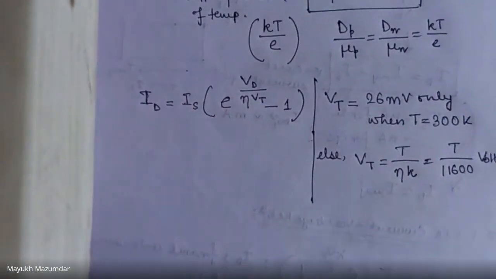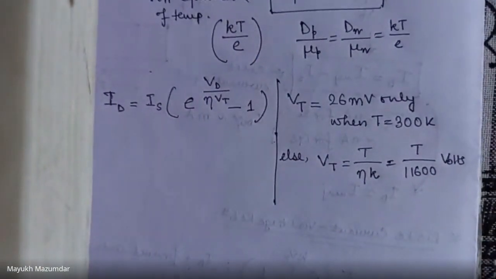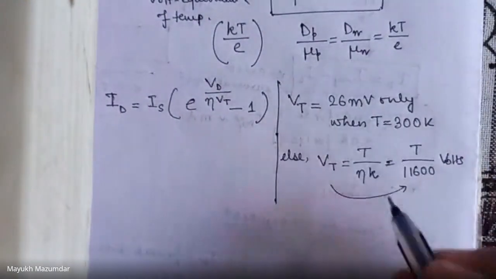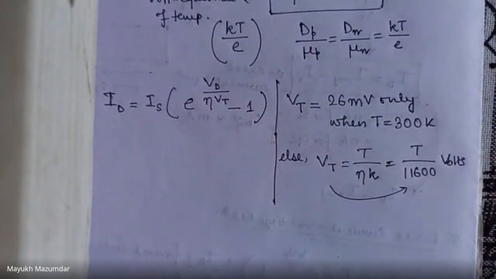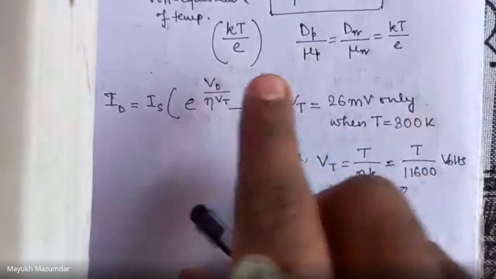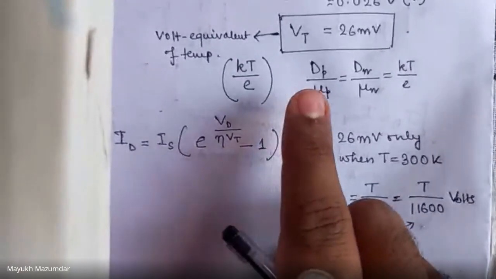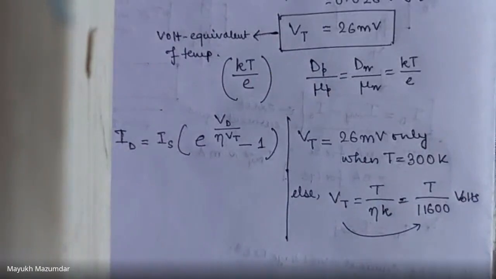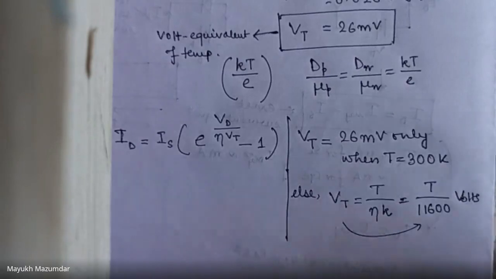Many students get confused, especially in competitive exams. Sometimes we blindly put in the value of VT without looking at the temperature. So this is the main formula: VT equals T by 11600. Are you getting what I'm telling? And that is the reason why nowhere in the books will you find this value directly. For the same reason many students will get confused. They already know the volt equivalent of temperature is 26 millivolt, but that is at room temperature only.